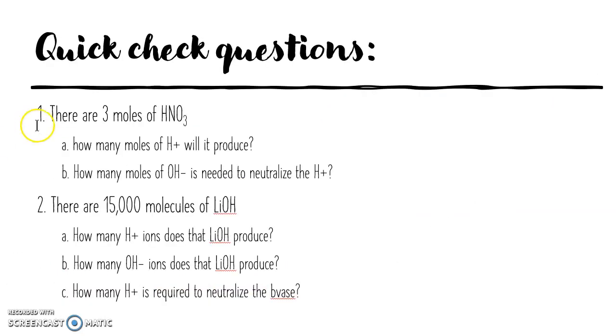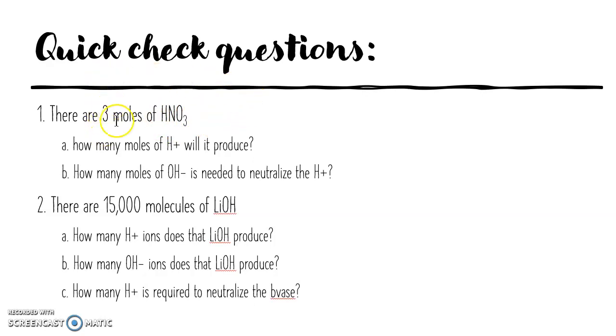So let's ask some questions. If I have 3 moles of nitric acid, HNO3, how many moles of hydrogen ions will it produce? If you look at the formula, there's one H. So it's a 1-to-1 ratio, meaning one HNO3 will produce one hydrogen ion.